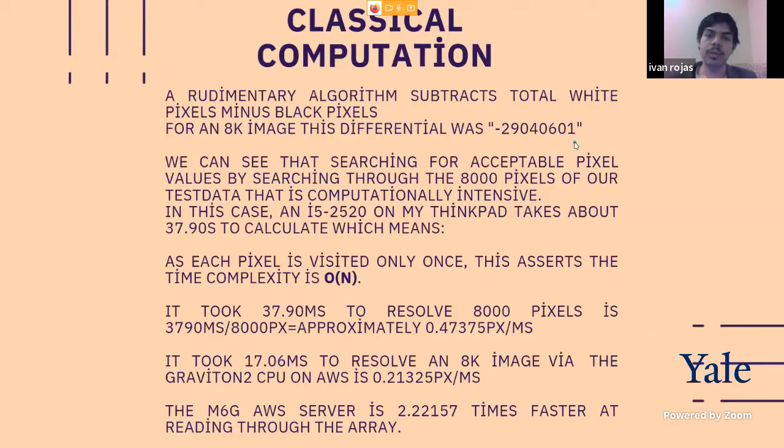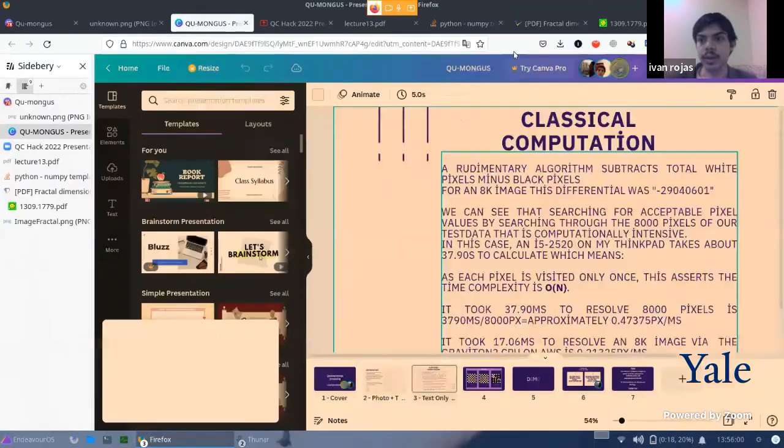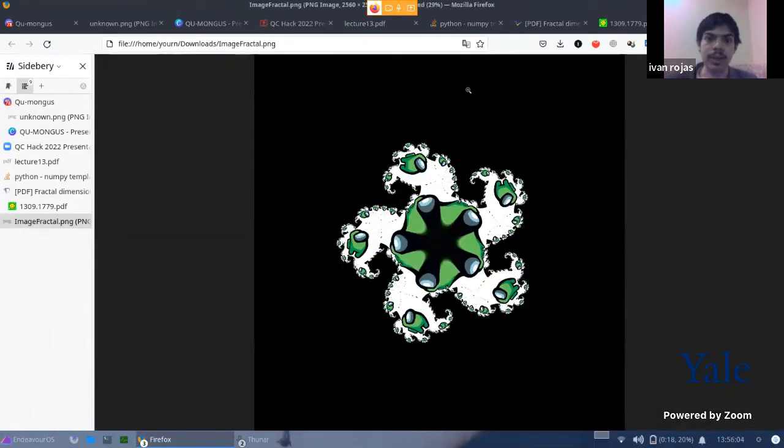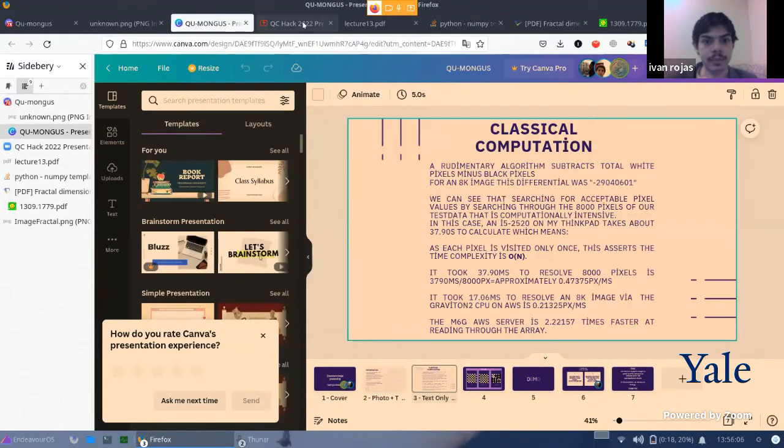We created a basic classical algorithm that would iterate over each pixel, find a black or a white pixel, and then calculate the difference between the two of them. For this given image, most of the background was black because it was space, where the Among Us character lives in space.